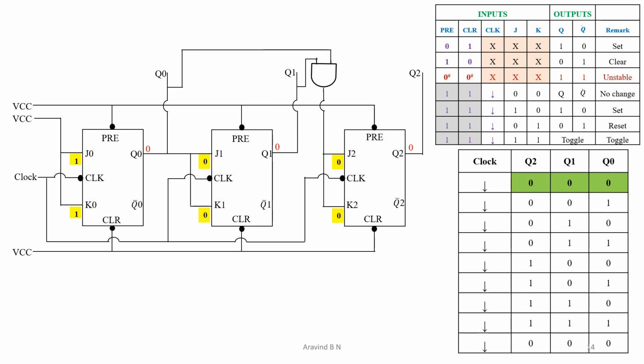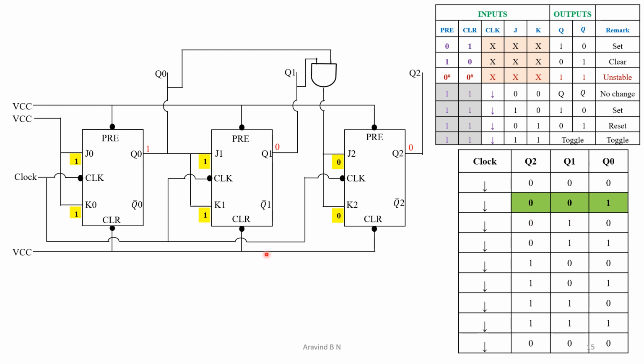Let us see how it looks. This is how it looks: 0, 0 and 1. When we were in the previous state and the clock was applied, I explained step by step from flip-flop 2 up to flip-flop 0, and this is what we get out of it.